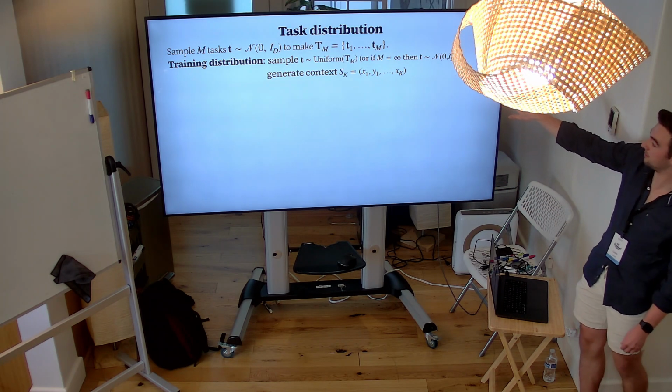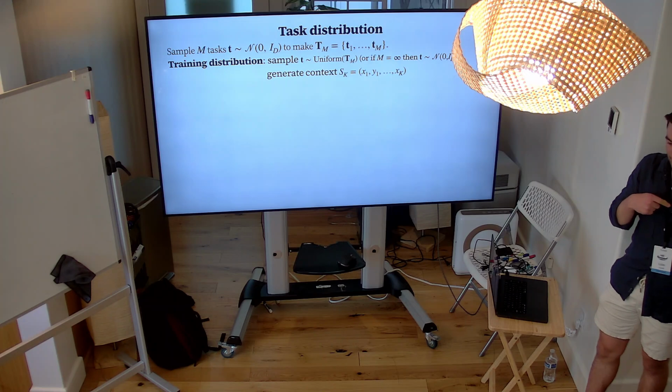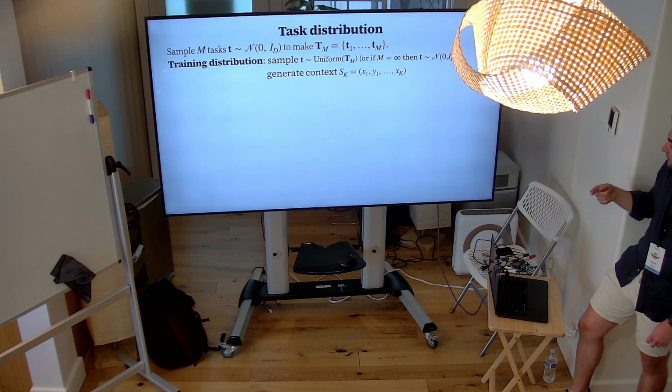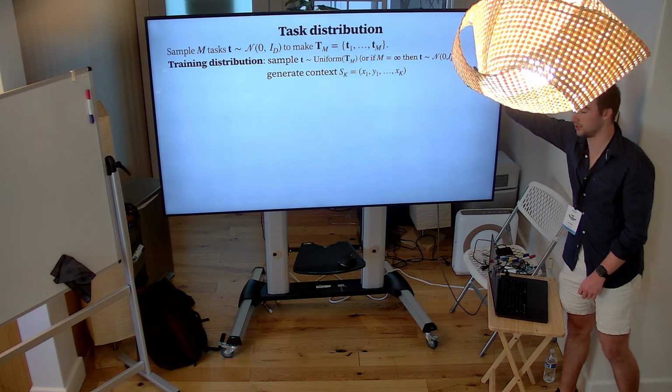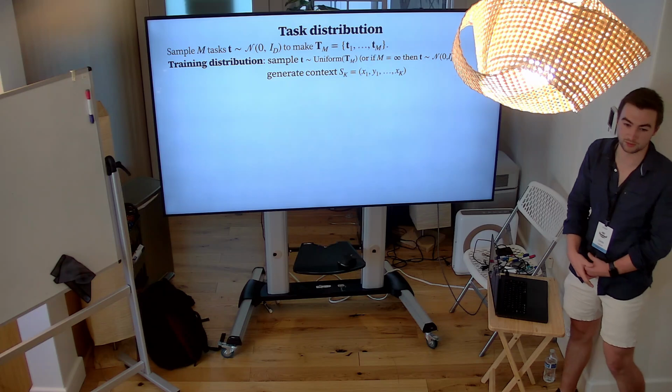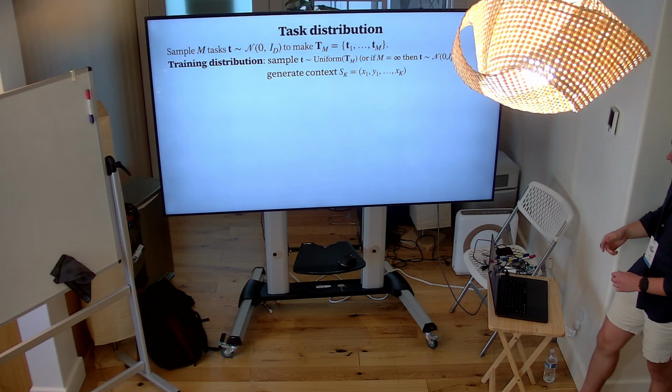In the case of M equals infinity, this just means that each context that is sampled has a different task vector that is just sampled from the normal distribution at training time.